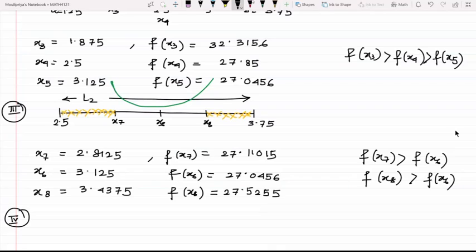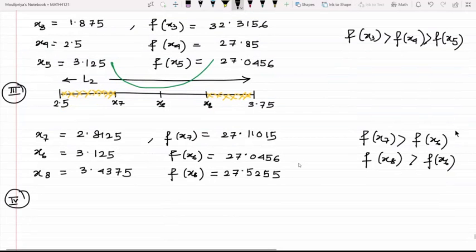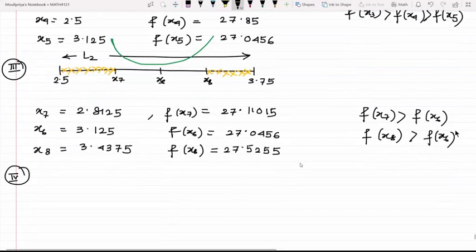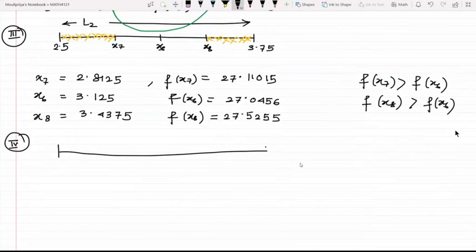Iteration number 4. Your A is x7, that is 2.8125. Your B is x8, that implies 3.4375. What is the midpoint? x9, x10, x11.